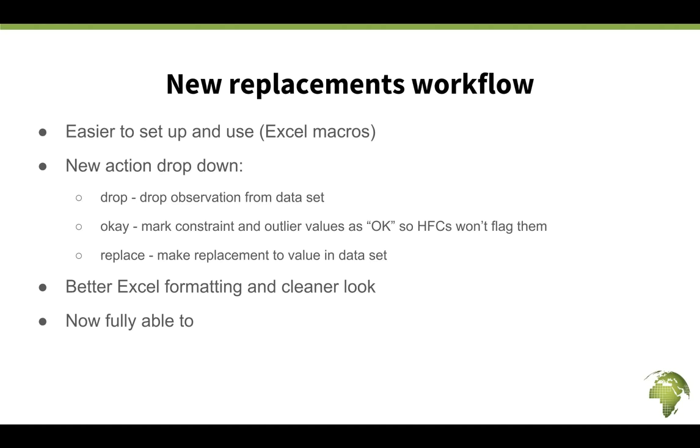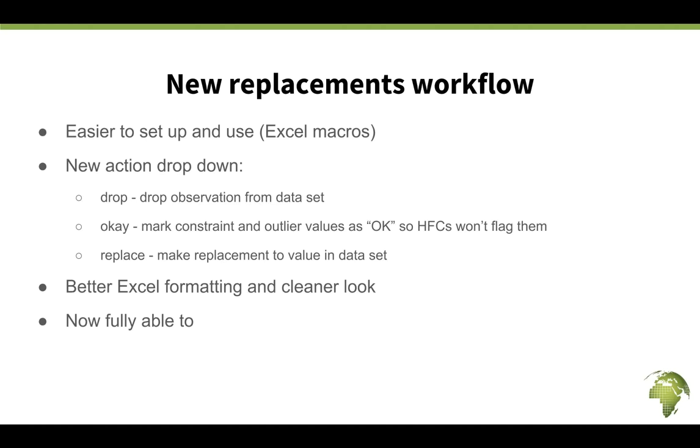Another one that right now works just for constraints and outliers, but we did allow for you to mark a value as okay. So if you run your high frequency checks the first time and you've found an outlying value for income or something like that, somebody who reported a really high income, and you go back and you check and you verify that that is the correct value, they just actually are an outlier.